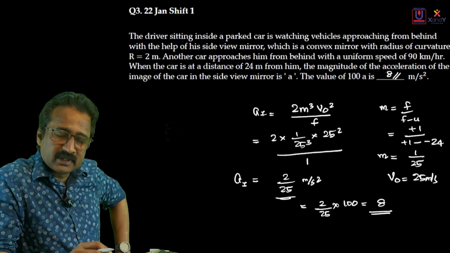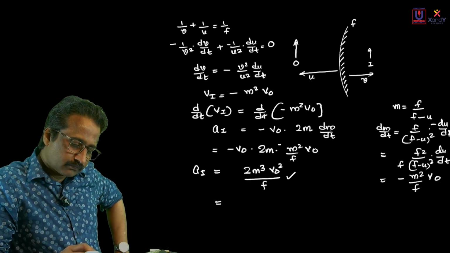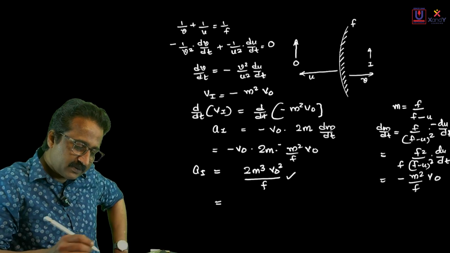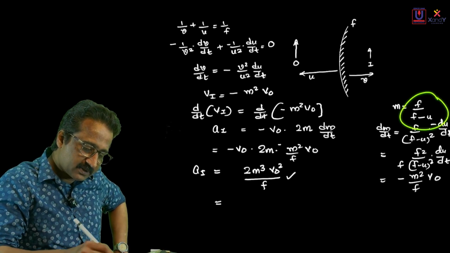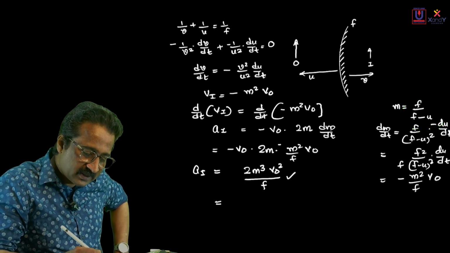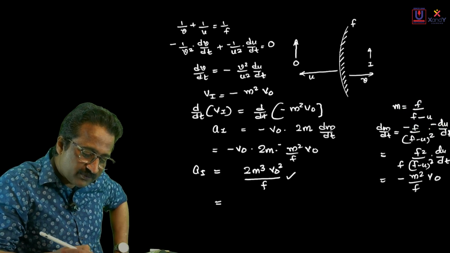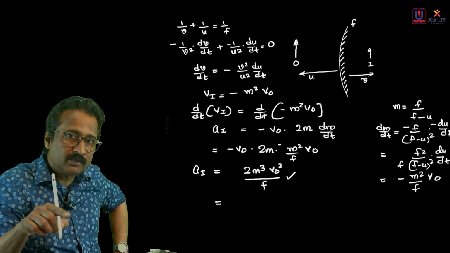Okay, now let's move on to the next question. That's going to be the 4th question in my paper. I think I missed a negative sign here, didn't I? Yeah, of course. Because m is equal to f by f minus u. Look at this part. Then the dm by dt will be equal to minus of f by f minus u whole squared, that into again a du by dt, which is negative because u is negative.